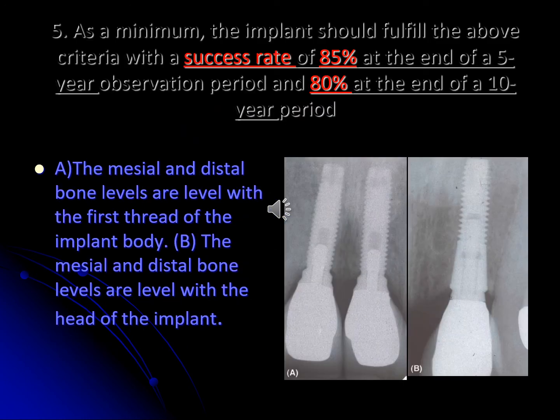The 5th criterion: as a minimum, the implant should fulfill the above criteria, we mean the first 4 criteria. With a success rate, we can say that the implant is successful if the implant fulfills the first 4 criteria by 85% after a 5 year observation period and 80% at the end of a 10 year period. That is, it's not necessary to have completely 100%.